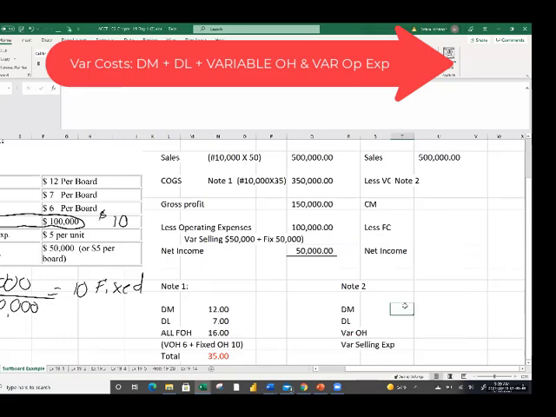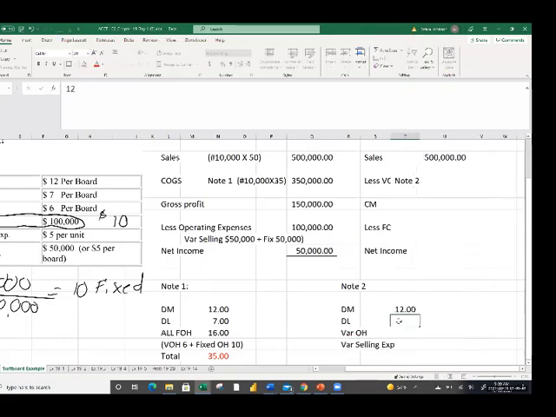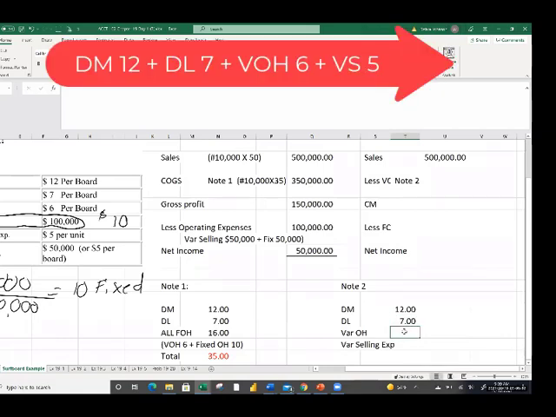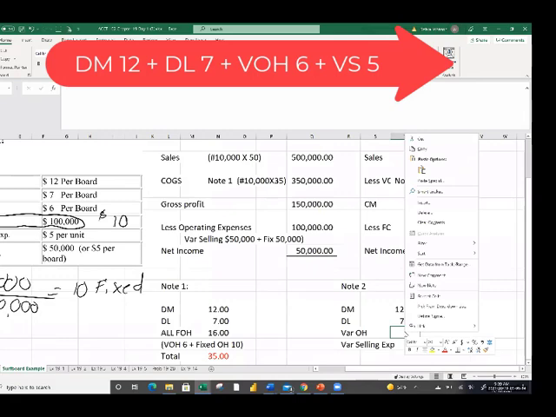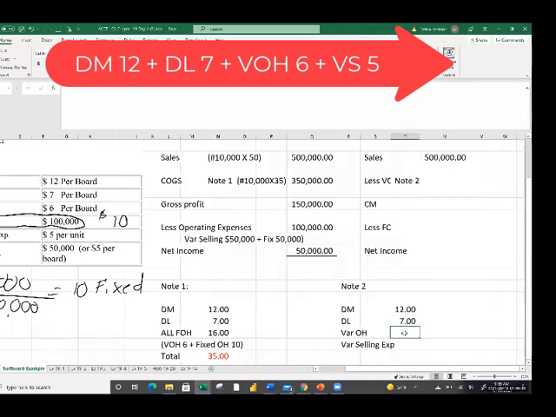Okay, so let's pop these numbers in. The same 12, the same 7, the same variable overhead that we used earlier was 6. And then this variable selling expense that we had was 5. Let me add them up, the total variable costs, that means per unit, they vary with production. Let's sum that up.